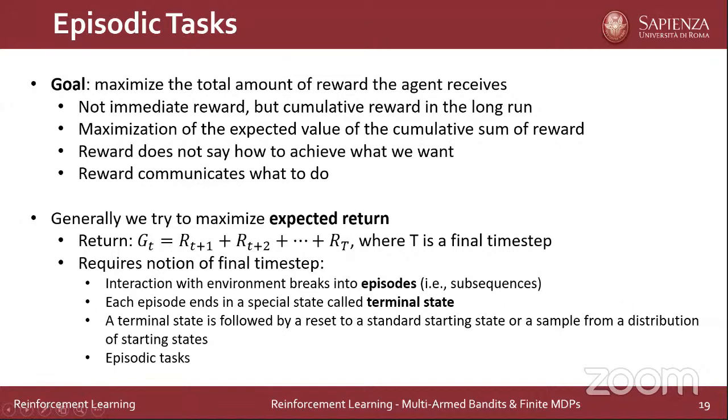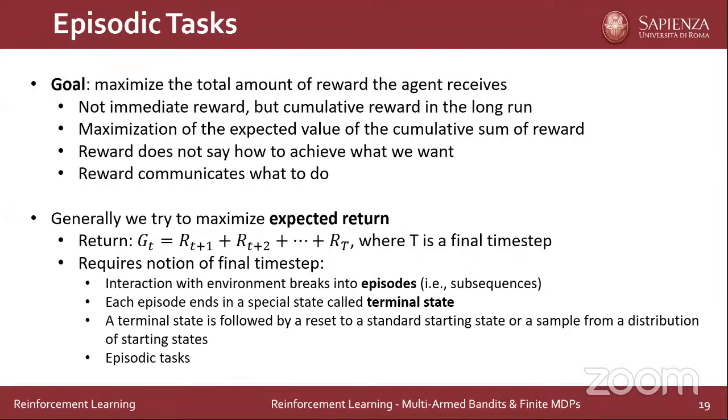So as we mentioned in the reinforcement learning case, and in general, when dealing with Markov decision processes, even if you're not doing learning but you're doing planning, the goal is that of maximizing the total amount of reward that the agent receives. So we're not talking about the immediate reward alone.